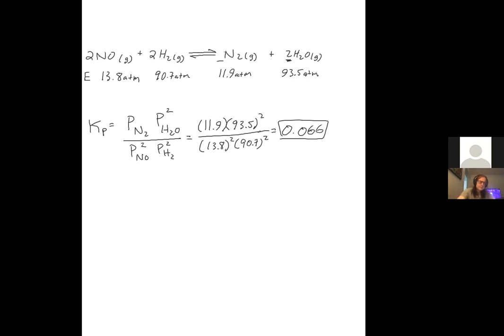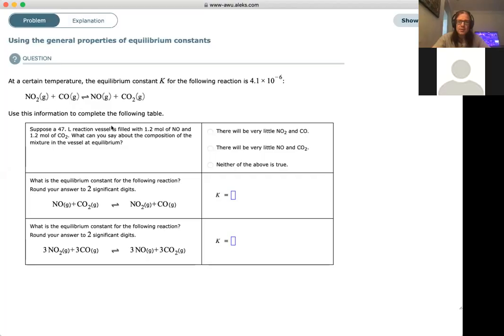Now, the problems very quickly become a little bit more complicated, but I'm going to show you a couple more problems here. So let me bring this one up. Okay, so this is using the general properties of the equilibrium constants.